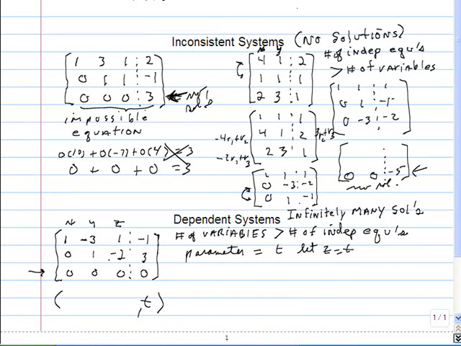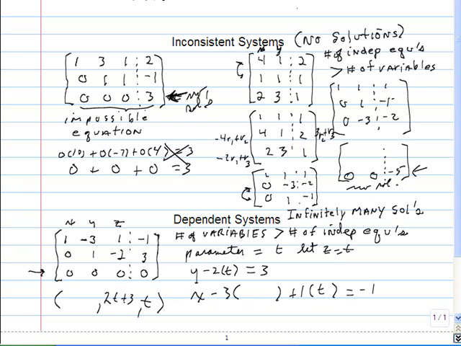I then go to the 2 equations that I have in this case. The second one says y minus 2z equals 3, but z is t, so I put that in there. So for my y, I get 2t plus 3. And then for my x, I have x minus 3y plus 1z equals negative 1. For my z, I put in my t.